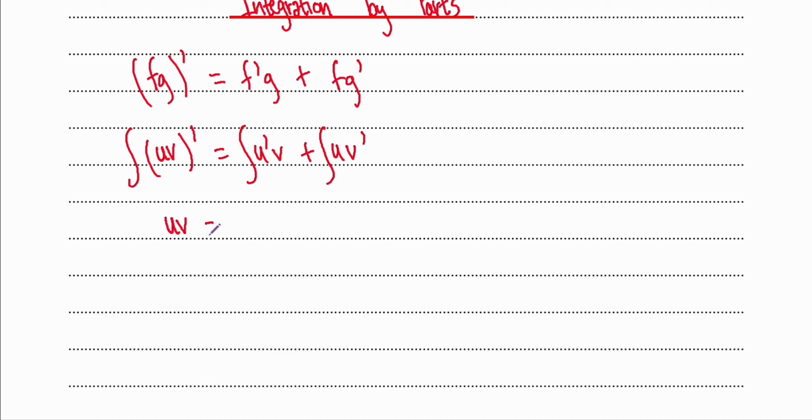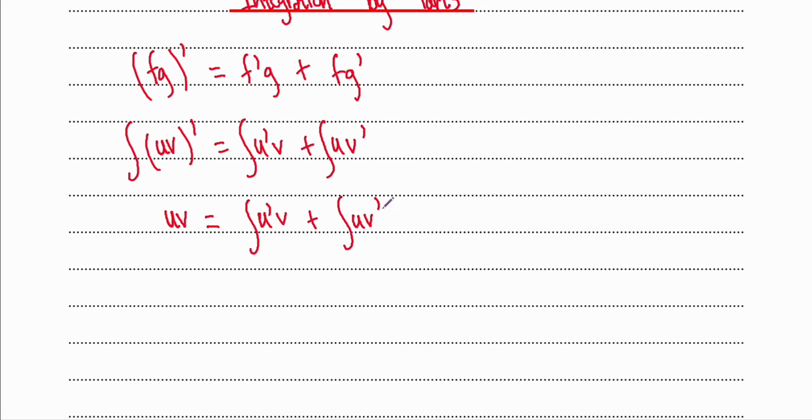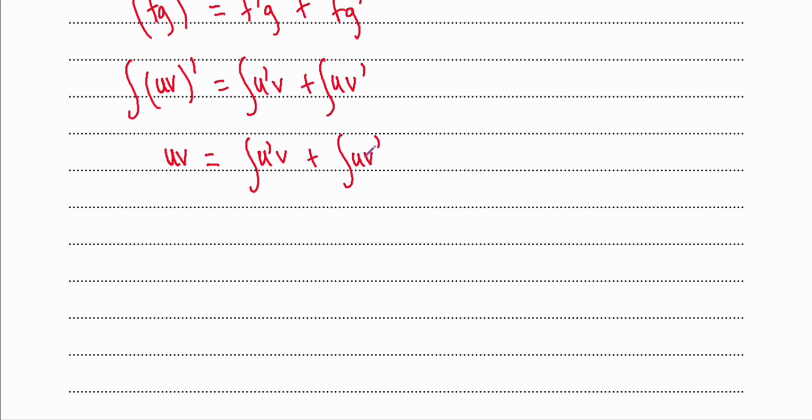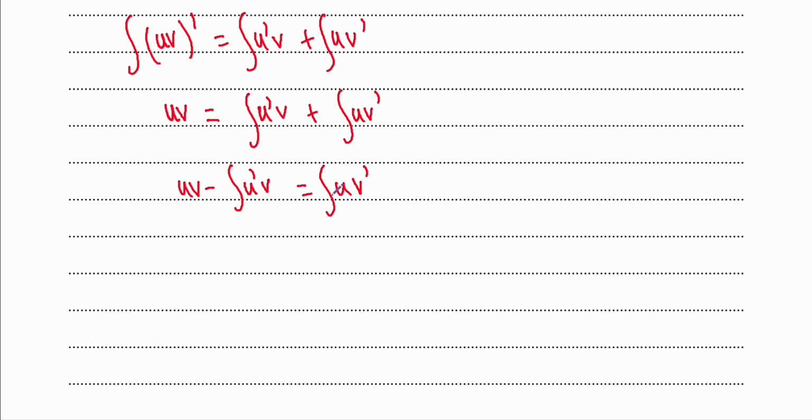So that's uv. That's equal to, now we leave this how it is. So we write that as integral of u prime v plus integral of u v prime. And then what we do is we bring this to the other side. So we're left with uv minus integral of u prime times v is equal to integral of u times v prime. Now, the thing is, the formula is usually given like this.